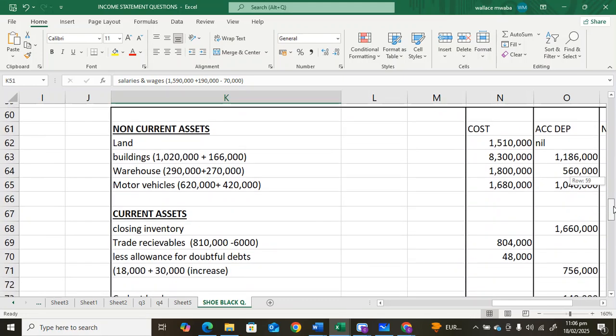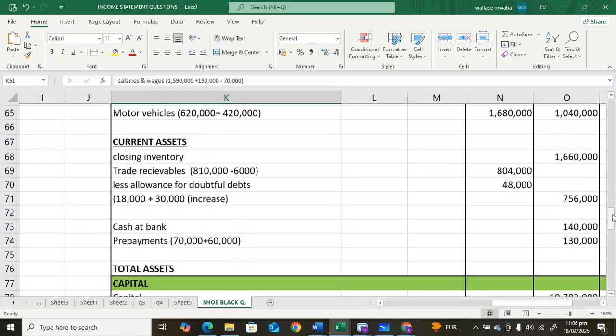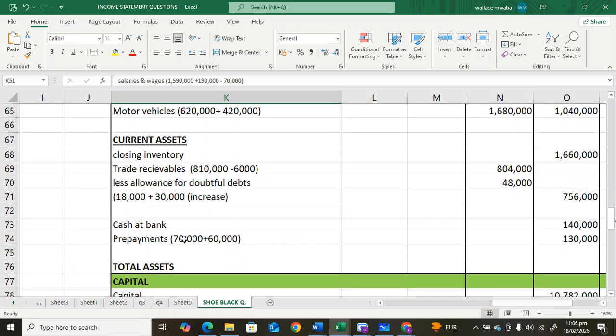In the balance sheet, include it with the current assets. So this 70,000 is included with the prepayments here. This is the prepayment for the salaries and wages. This is the prepayment for distribution expenses.